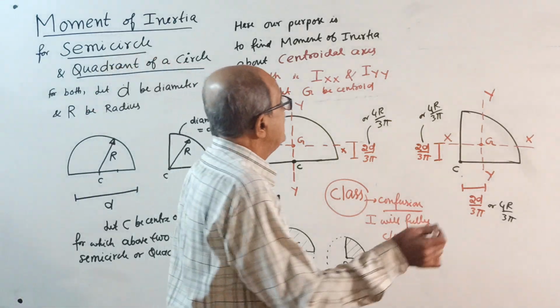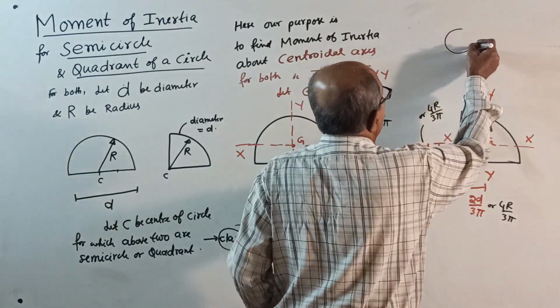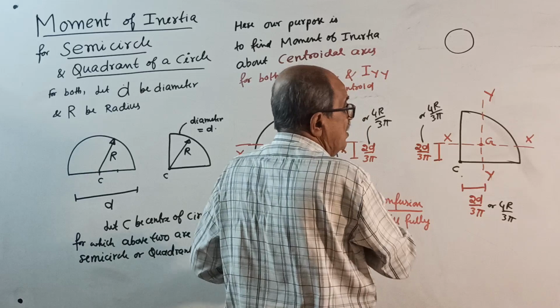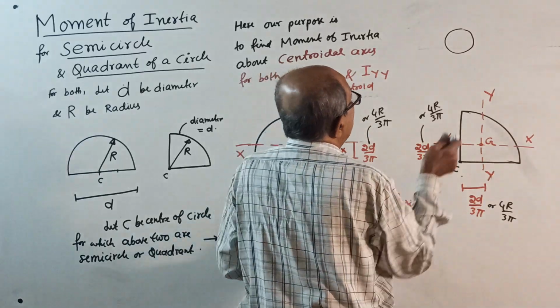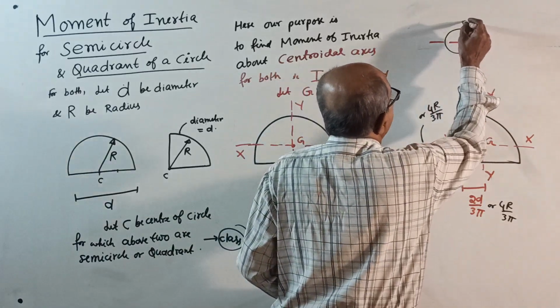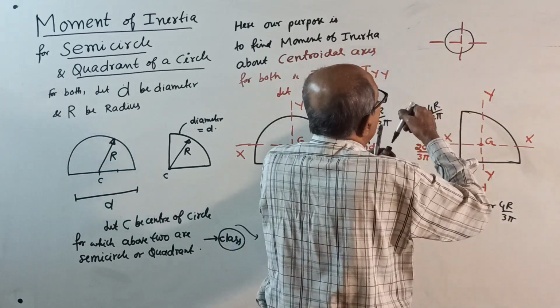You can make out for a circle, both centroidal axes xx and yy are also diameters.